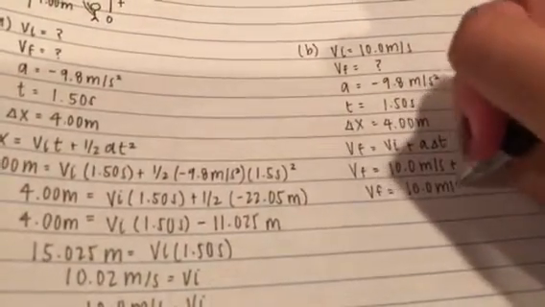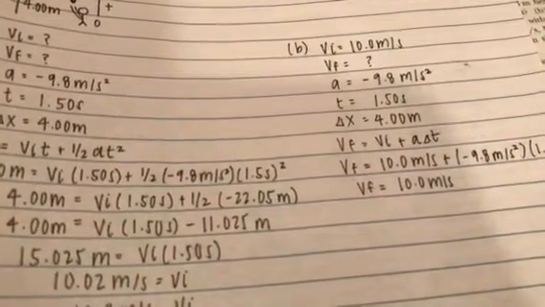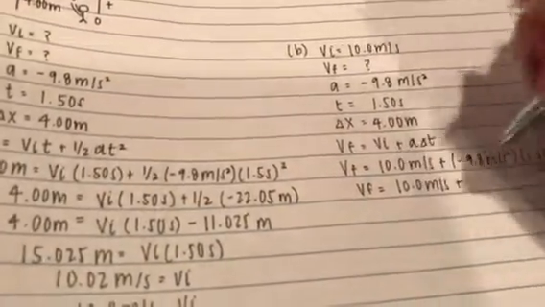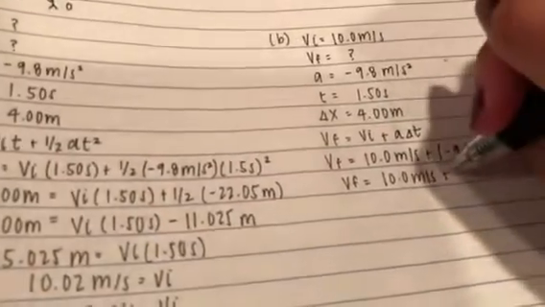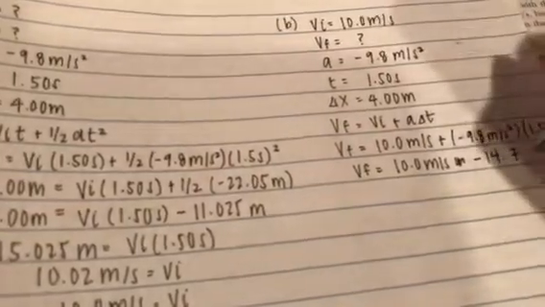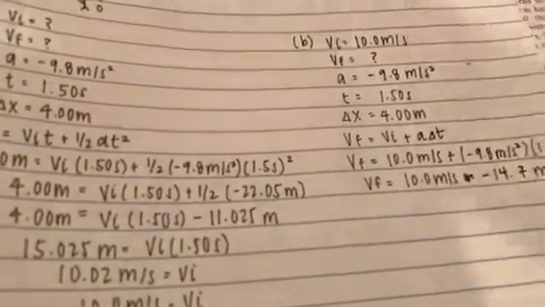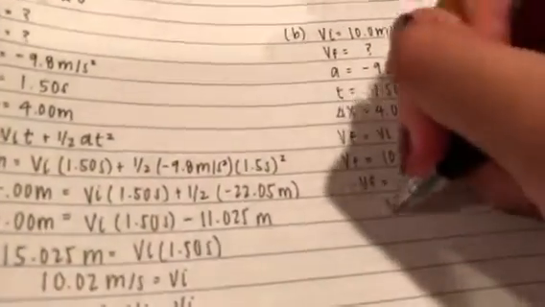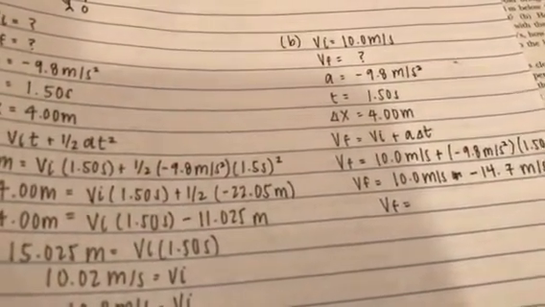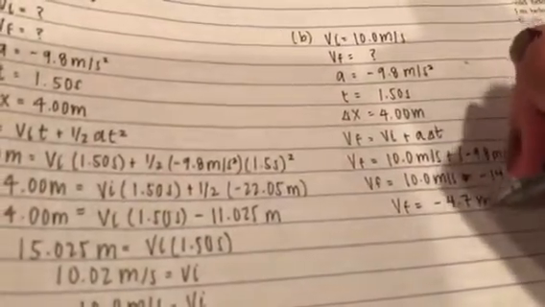So we could plug this into our calculator and get 10.0 meters per second plus minus 14.7 meters per second. And we simplify this, we get negative 4.7 meters per second.